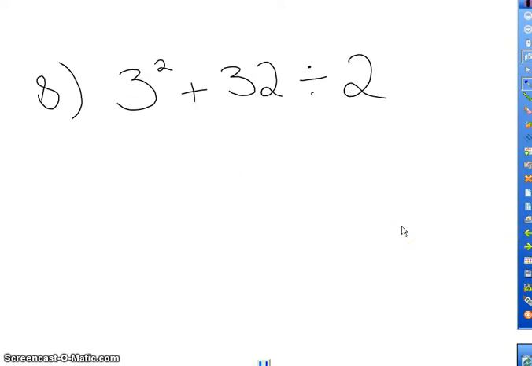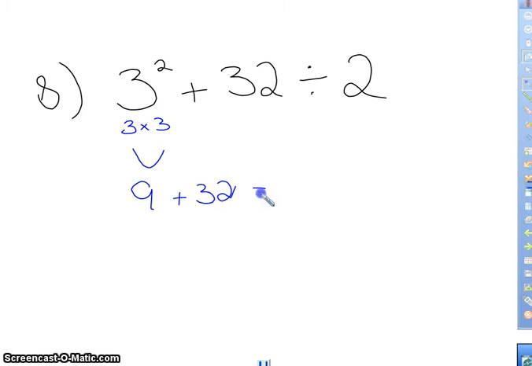Last one, as far as order of operations, I have an exponent this time. I don't have any parentheses, but I do have exponents, which would be my second step. 3 to the second power, remember, means 3 times 3, not 3 times 2. So 3 times 3 is 9, plus 32 divided by 2.